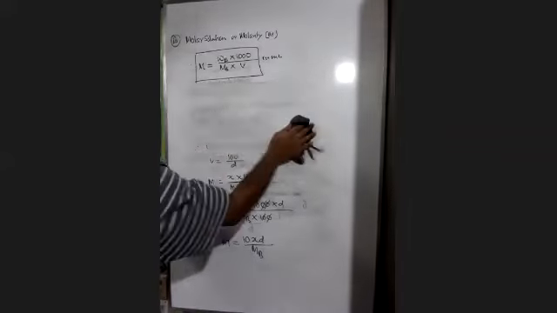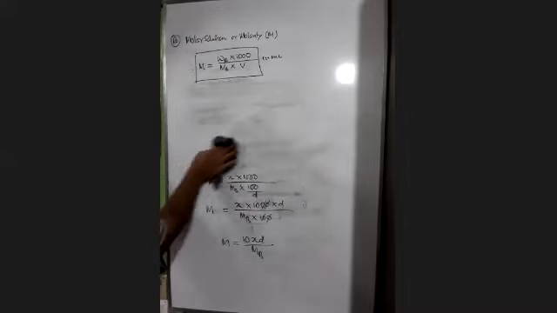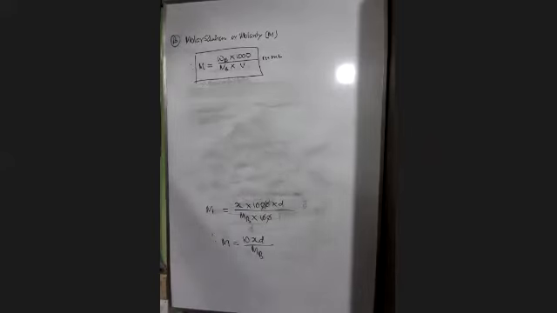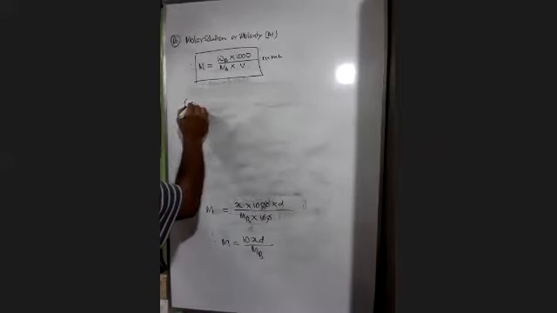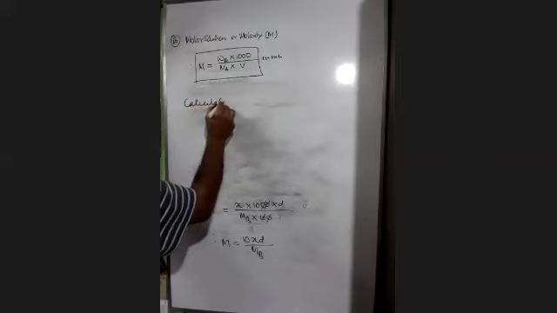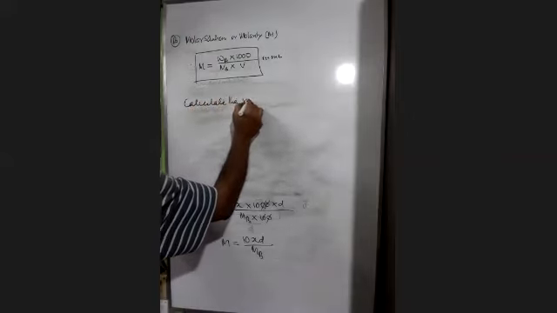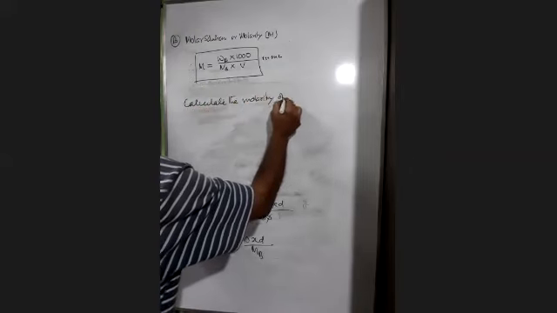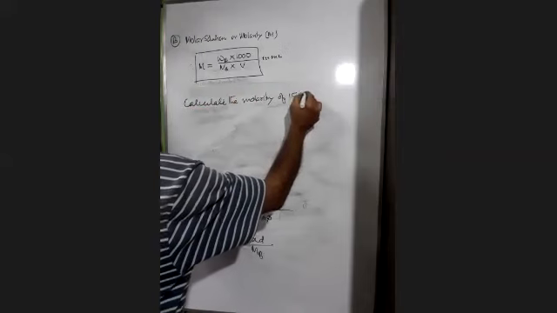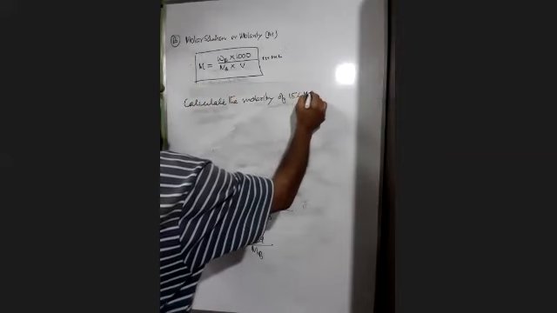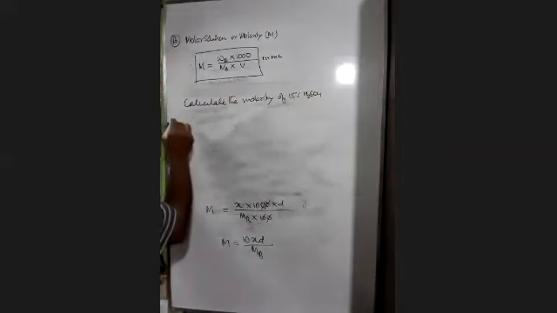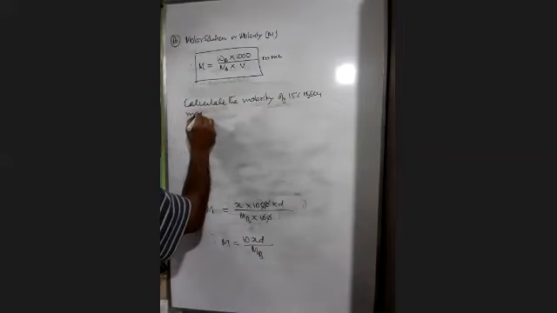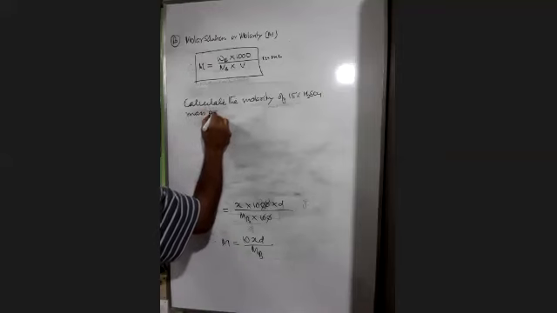So we'll do one numerical, a very simple numerical. If you do not know this formula now, then it is difficult for you. Calculate the molarity of 15% H2SO4 solution, H2SO4 mass percentage solution.